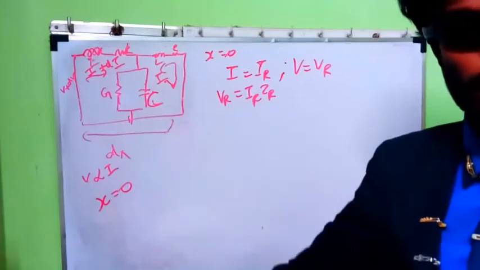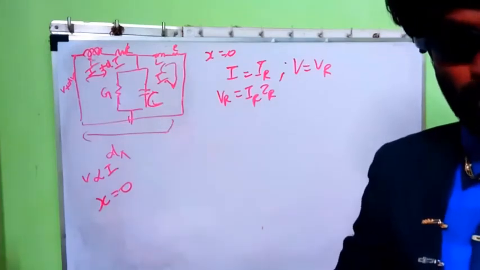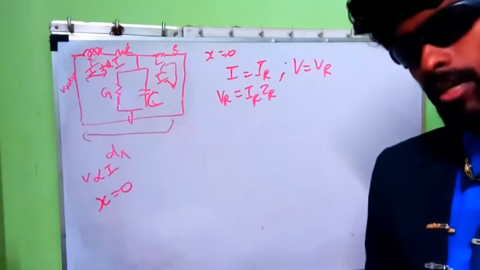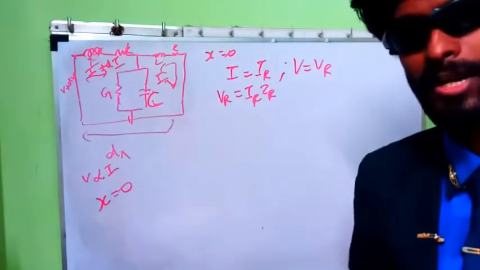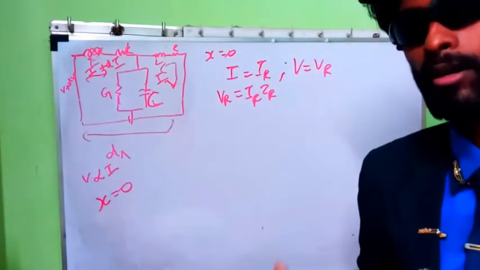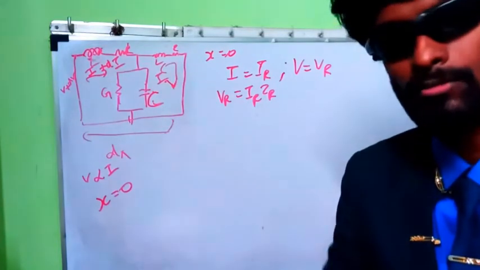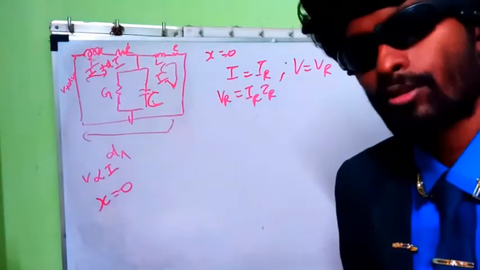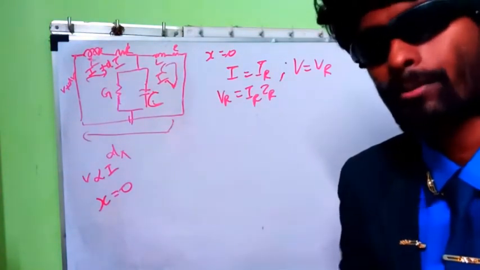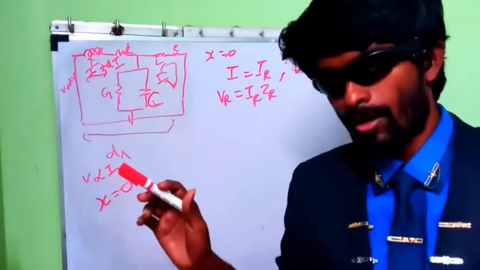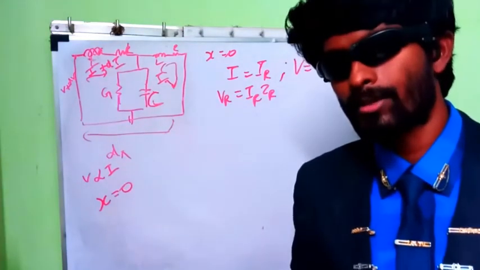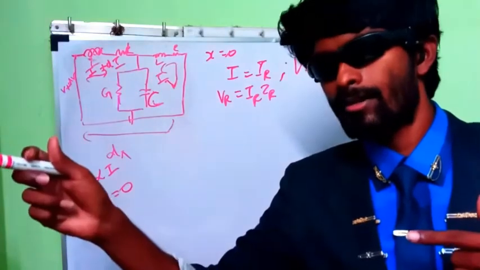VR means the voltage across the receiving end. Voltage means the speed. Power means the speed at a particular instant, at a particular time. That's called the power. You don't need to worry about the difference between voltage and power. When I'm running from the beginning to the end, I got some voltage.